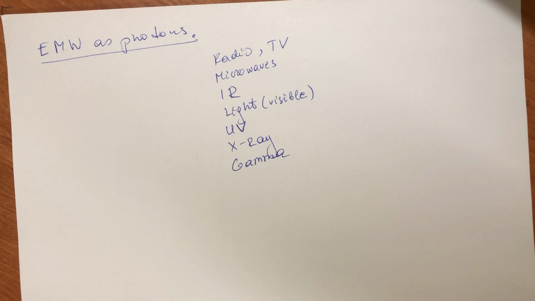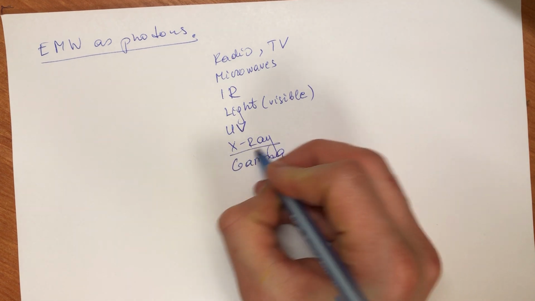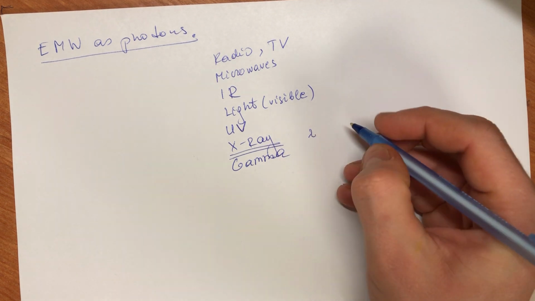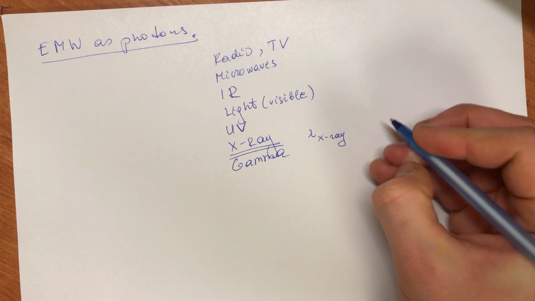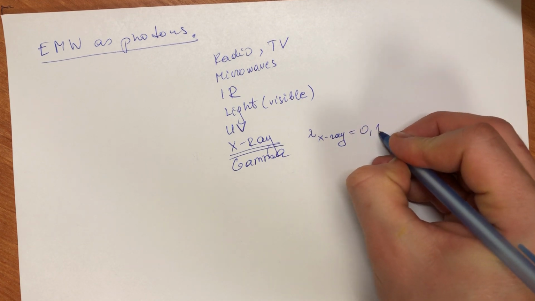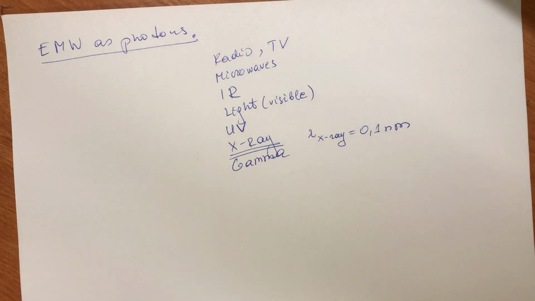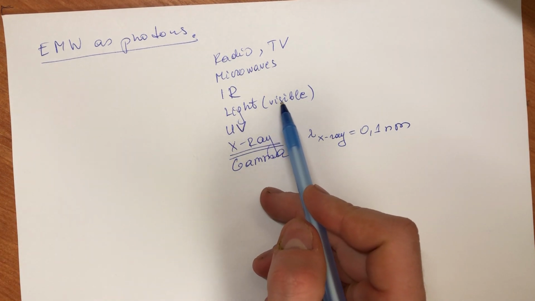The wavelength of X-rays is 0.1 nanometers, so it's very small as compared to visible light, which is in the hundreds of nanometers.